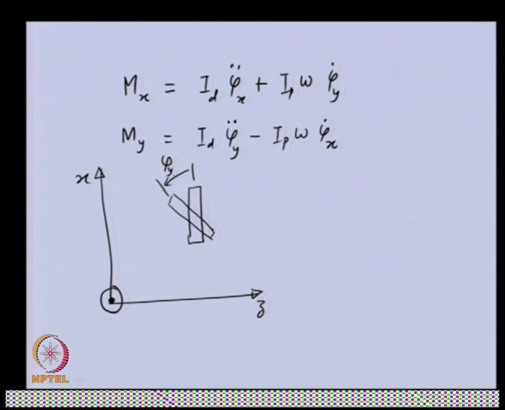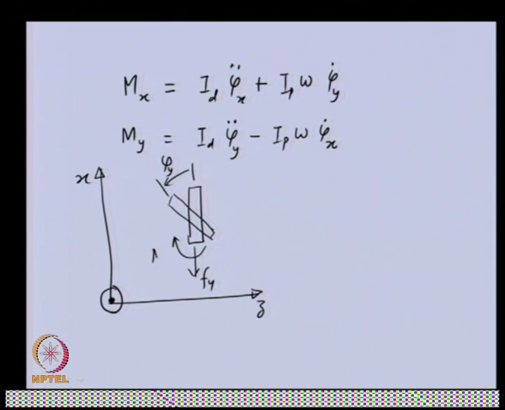Now, we can see that because this disc is attached to the shaft and we have drawn the free body diagram of that, there will be an elastic force and there will be a moment also.